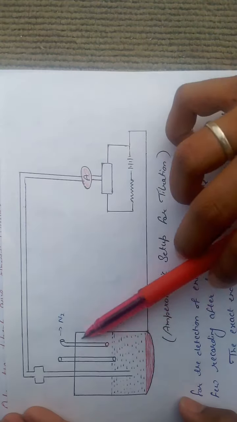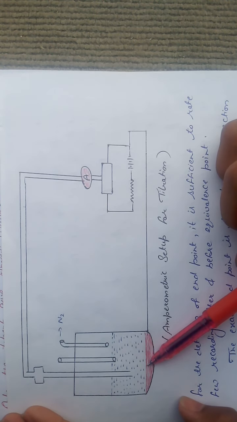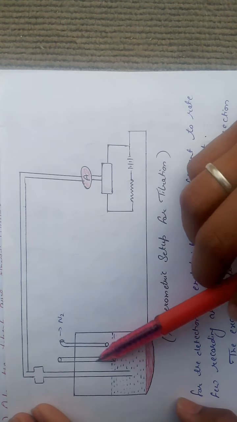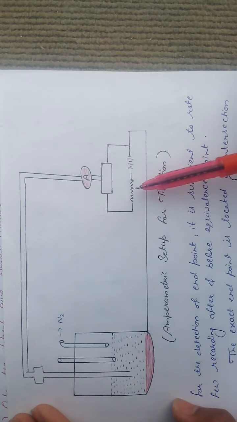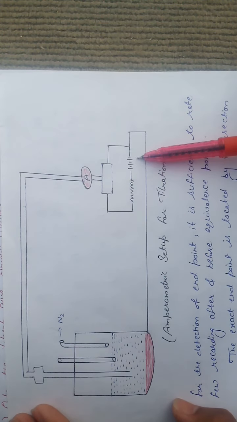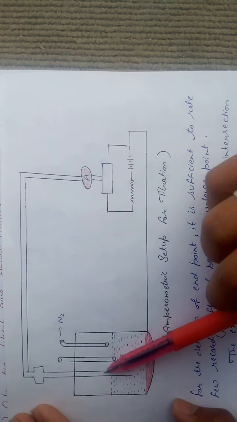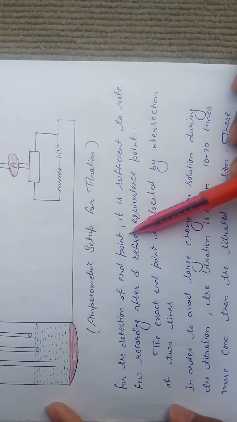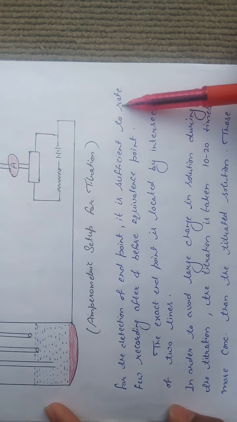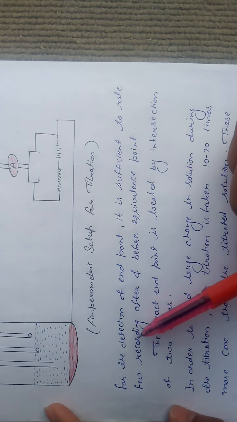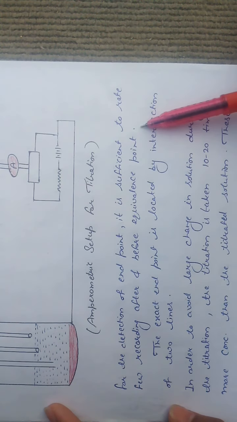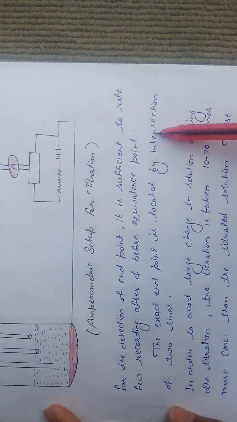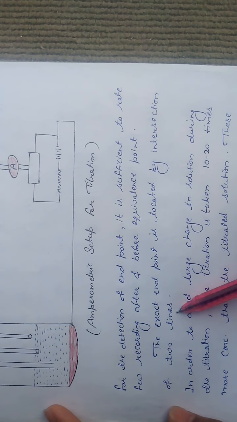This is the solution, here for passing of current, nitrogen gas, yeah, you can say removal of oxygen. Here a battery is connected, a resistance is connected, and almost this setup is covered. For the detection of the endpoint, it is sufficient to take a few recordings before and after the equivalence point. The exact endpoint is located by the intersection of two lines.